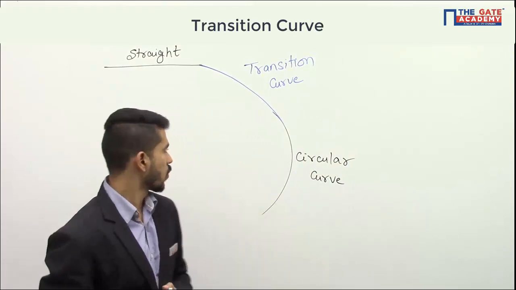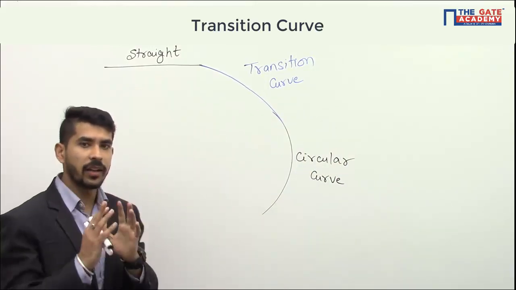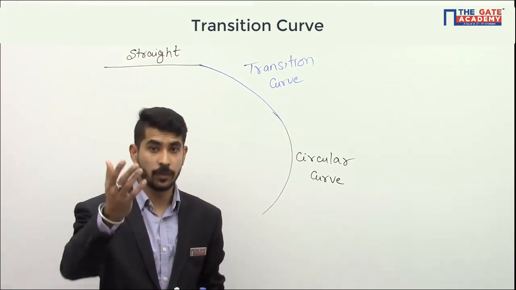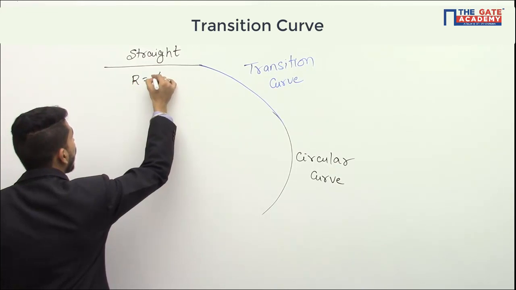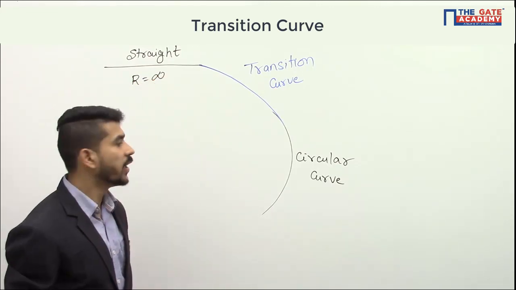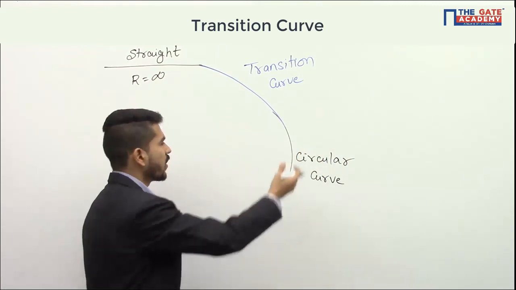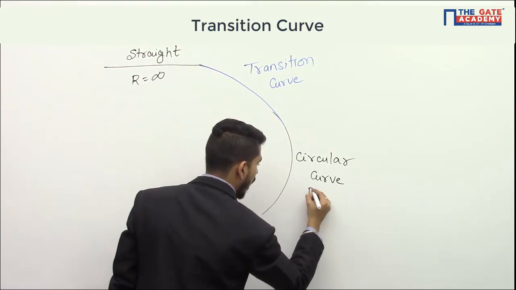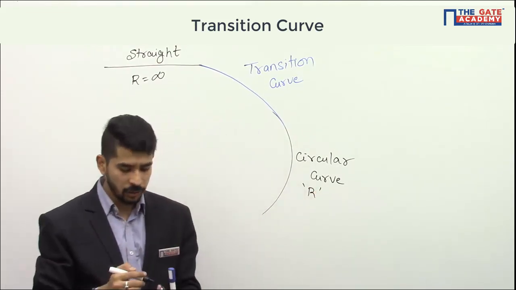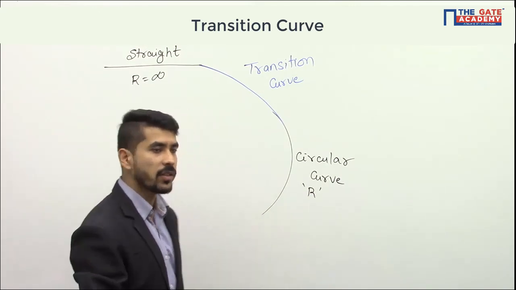Here, this is a straight road, and you know very well that the radius of the straight road is equal to infinity. Then this is a circular curve, which will have some finite value of radius, r.